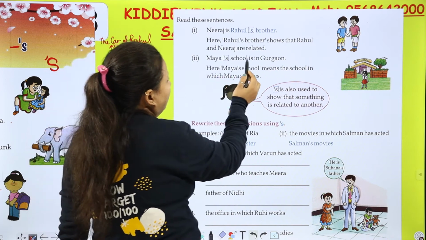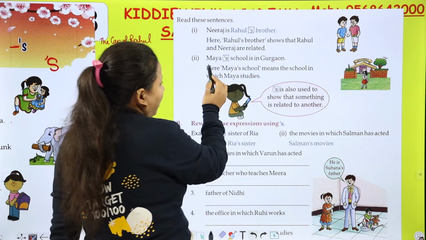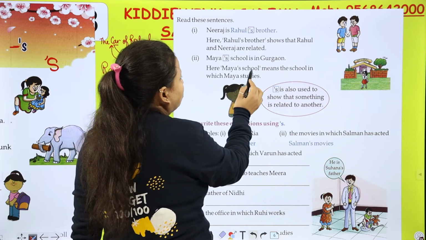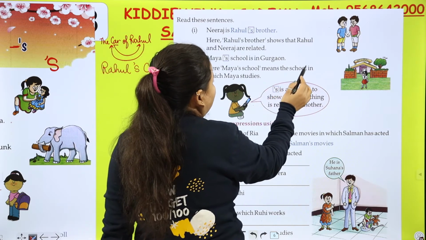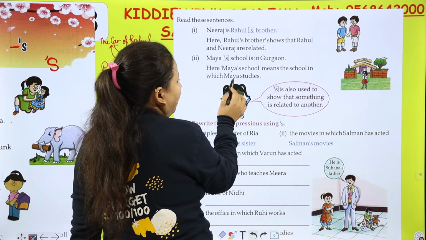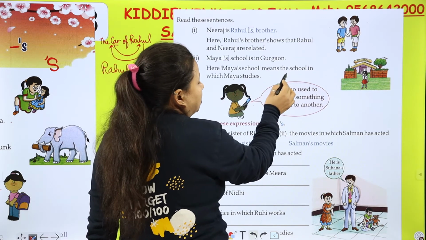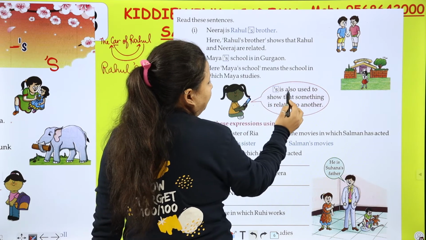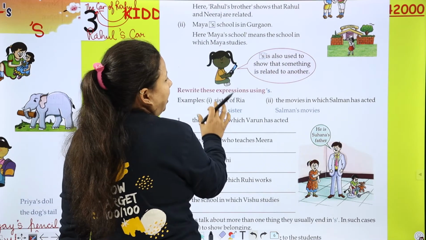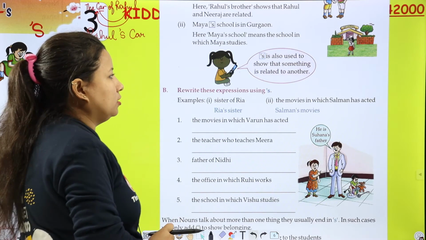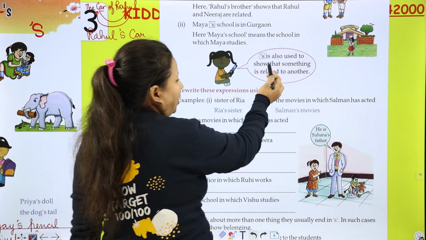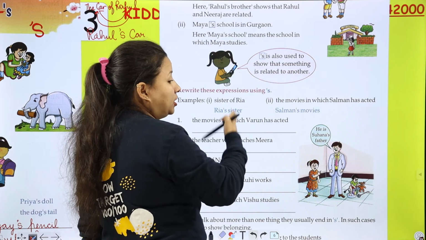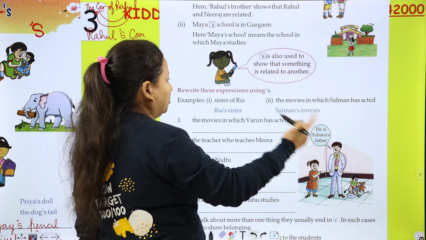Maya's school is in Gurgaon. Here Maya's school means the school in which Maya studies. Apostrophe S is also used to show that something is related to another.